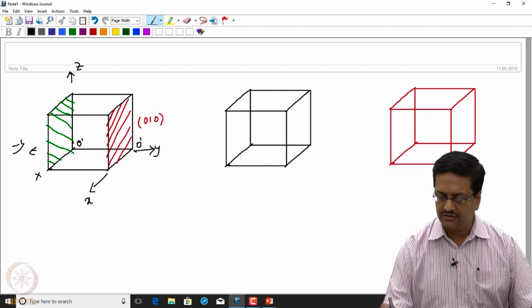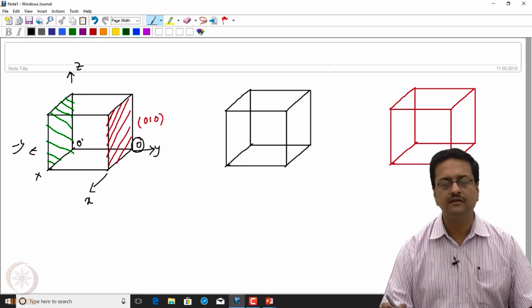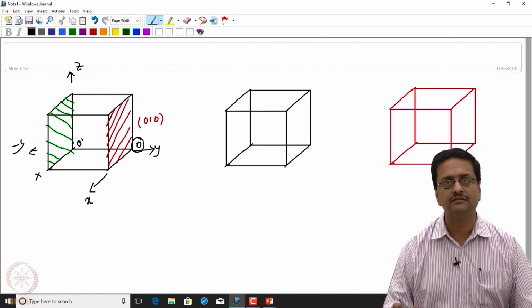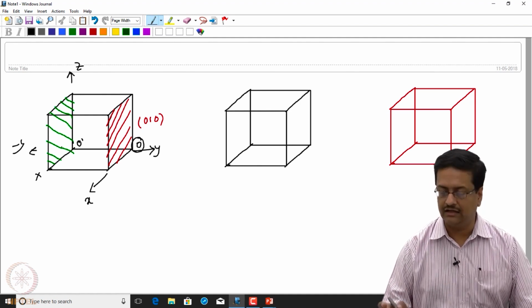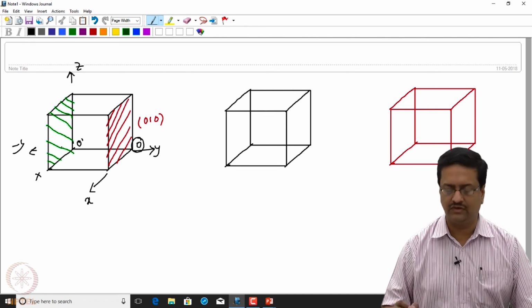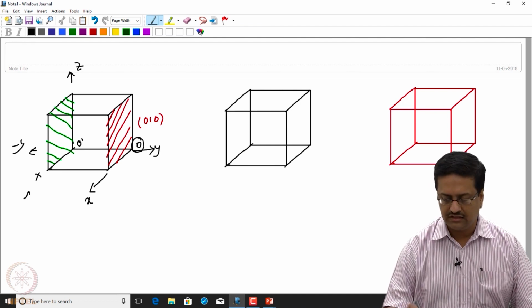So now with respect to this new origin, this plane is parallel to x, parallel to z, and has y-intercept minus 1. So the intercepts are infinity, minus 1, infinity.